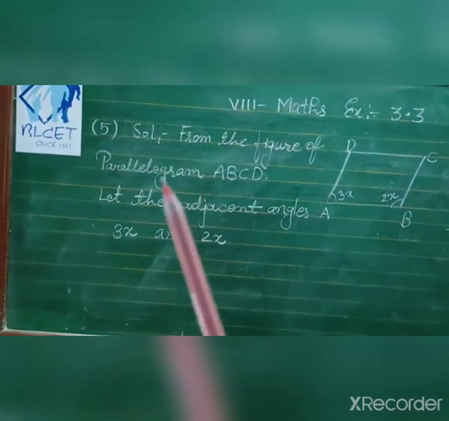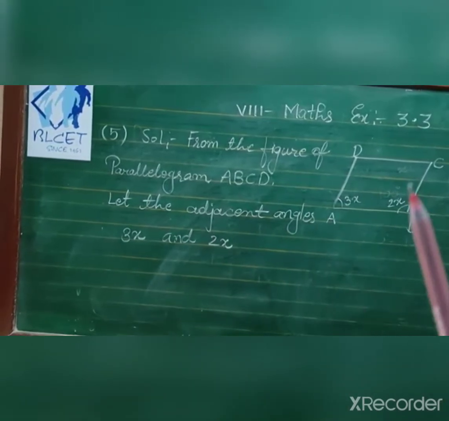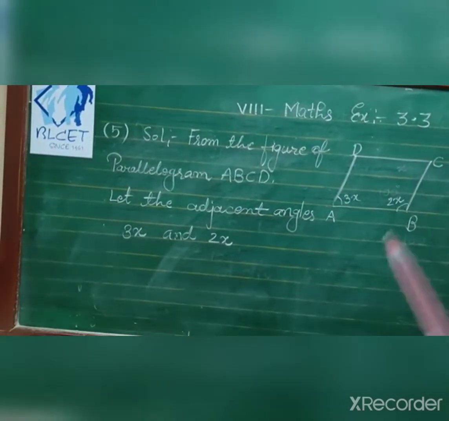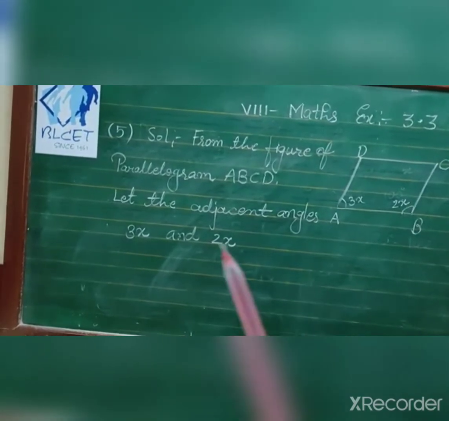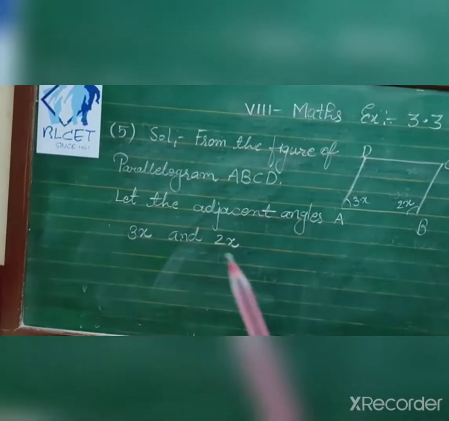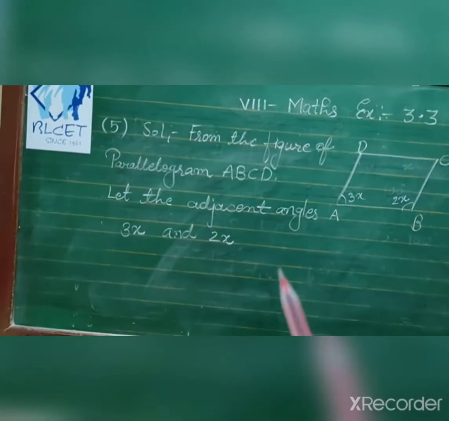So from the figure of parallelogram ABCD, let the adjacent angles, we assume the ratio is given, so a common variable we will multiply in both the ratio. So 3x and 2x. The measurement of adjacent angles be 3x and 2x.